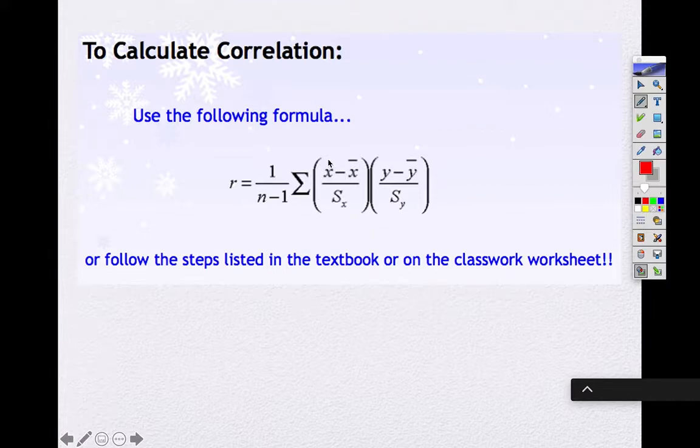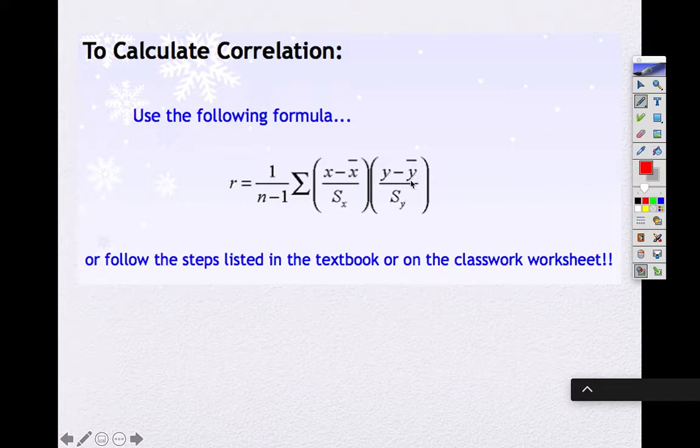So we have our correlation is going to be equal to, and now these are things we've seen before. x bar we've seen as the mean of a data set. sx we've seen as the standard deviation of a data set. Well, just think of it now that we have two quantitative variables. We have a y variable.